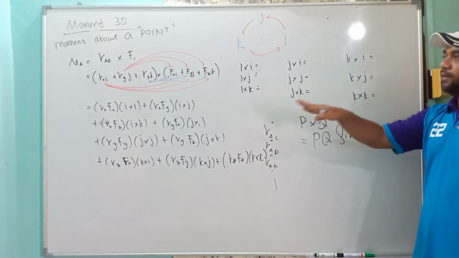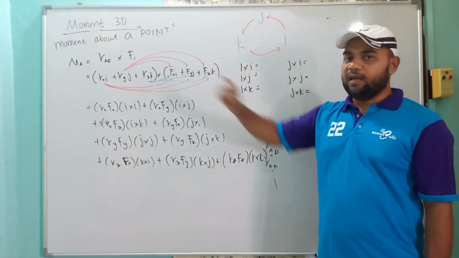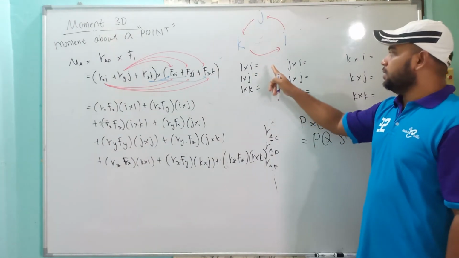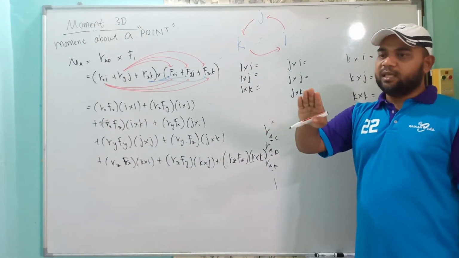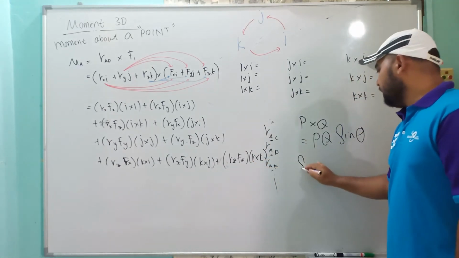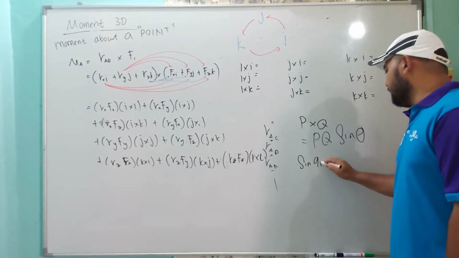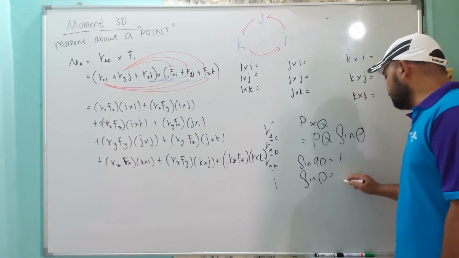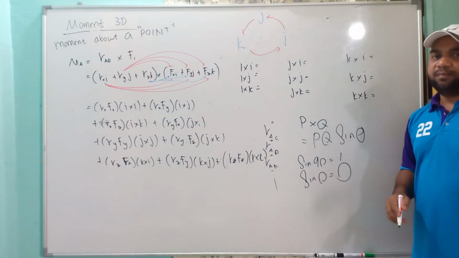In this case we have the R and the F, so the angle between these two. And we know that the angle between I to J, J to K is always 90 degrees. So we have sin 90 equal to 1, sin 0 equal to 0.